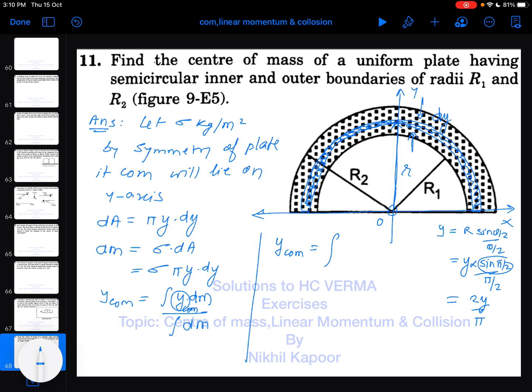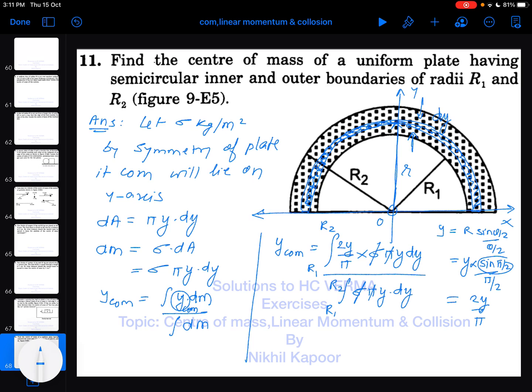So here the center of mass of this elemental ring will be 2y upon pi, into dm, which is sigma pi y dy, divided by integration sigma pi y dy. The limit y varies from the inner radius to the outer radius, that is from r1 to r2.